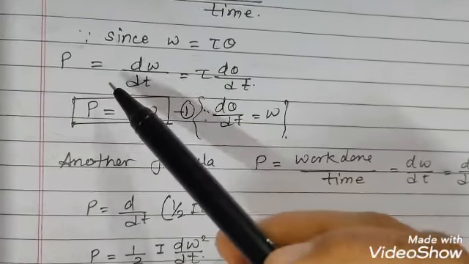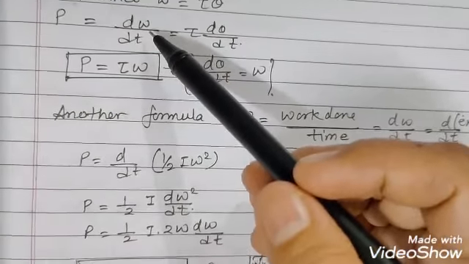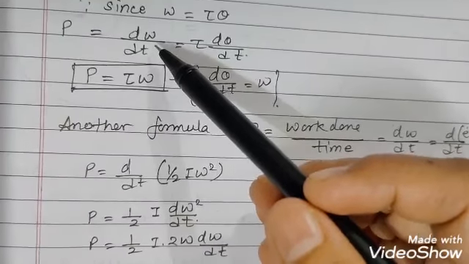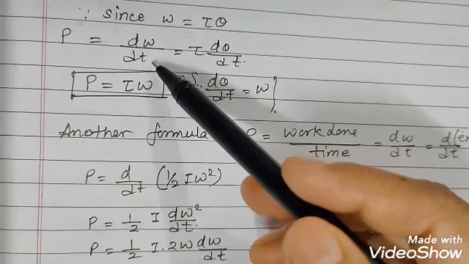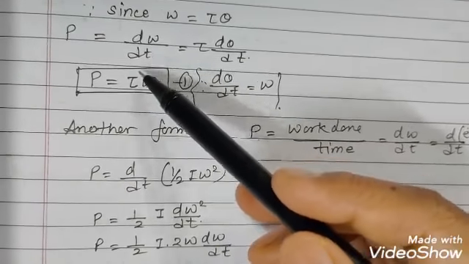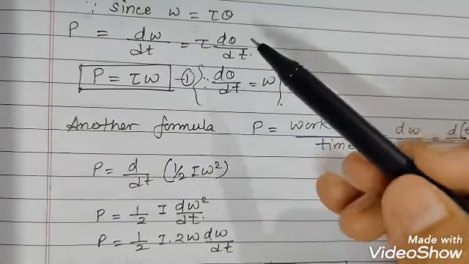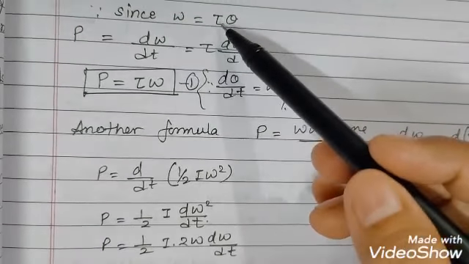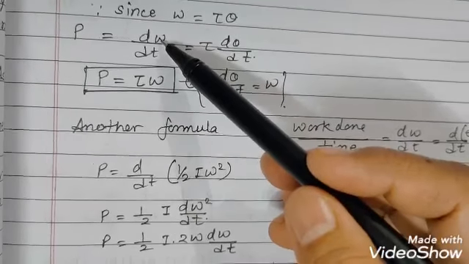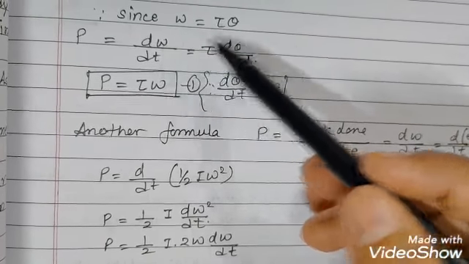Now we know that for a small work done dW, suppose the time taken is dt, so the power can be written as dW upon dt. This work done is equal to tau theta. So in place of work done we write tau theta.